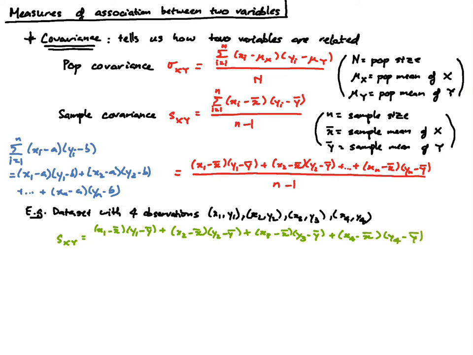Right? And then we divide this by n minus 1, which is 4 minus 1.